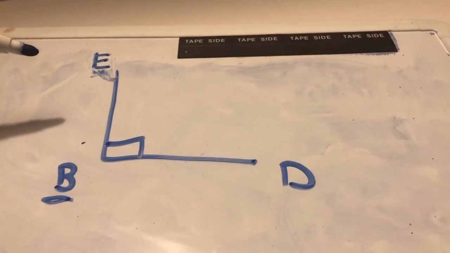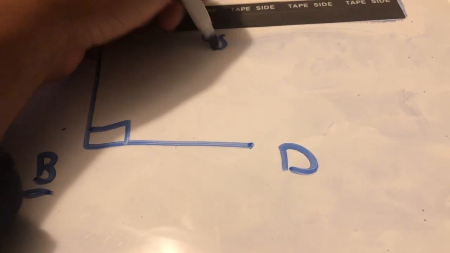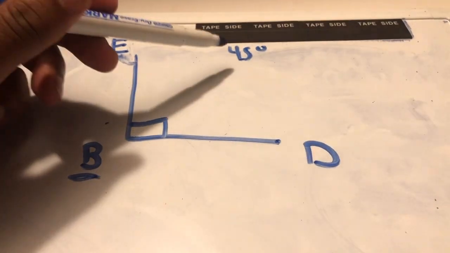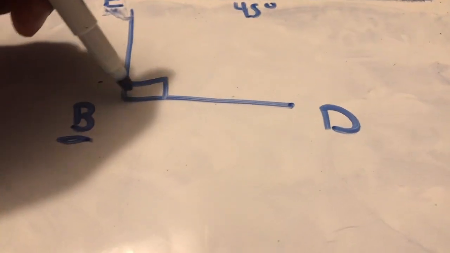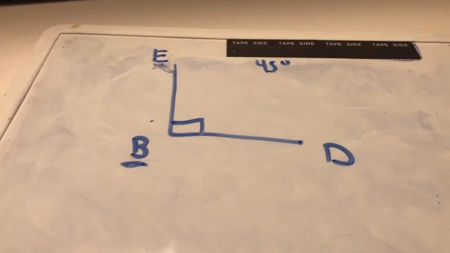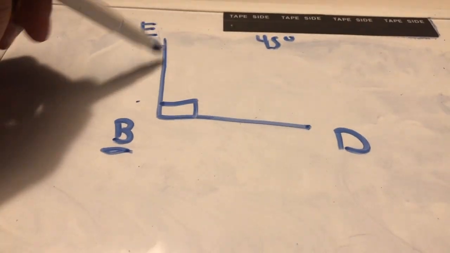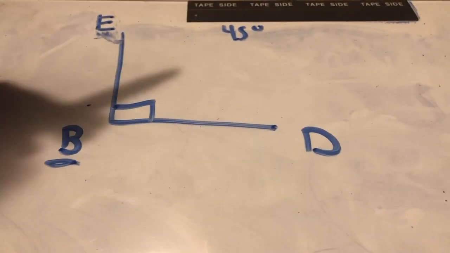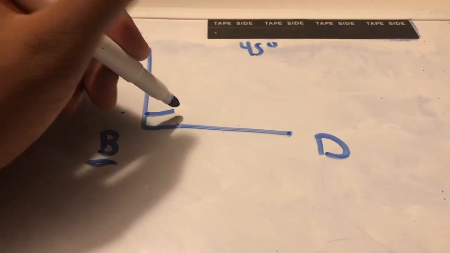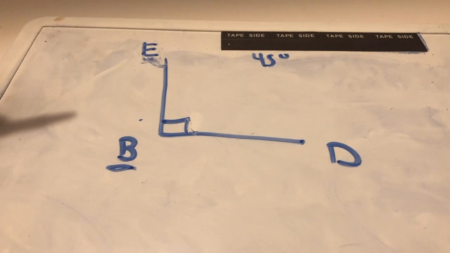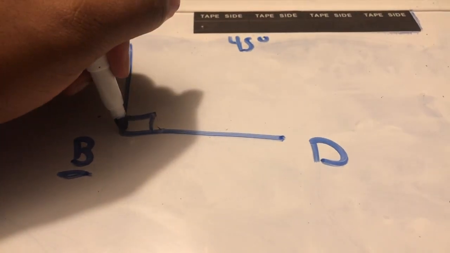But what if I wanted to find a 45-degree angle from this? Well, we know 45 is half of 90. So when we're drawing our line here, we want to draw it halfway in. The first thing I did was draw the straight lines, draw my 90-degree angle. Basically, we want to cut this in half to represent 45 degrees.